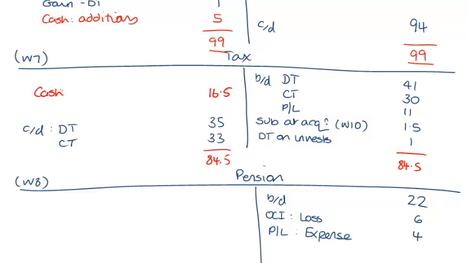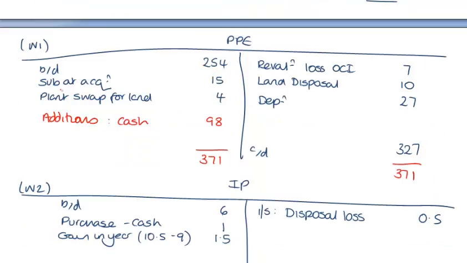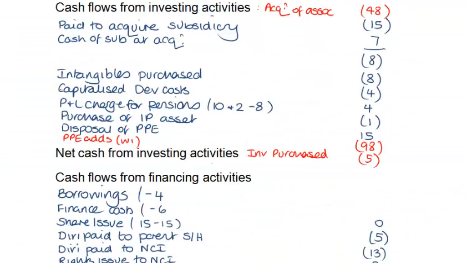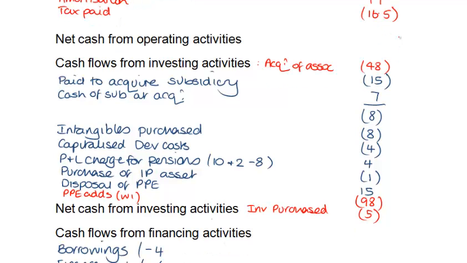That must represent cash tax paid of 16.5. You pay tax in the operating sections of your cash flow statement if you've got enough room. Tax paid 16.5.